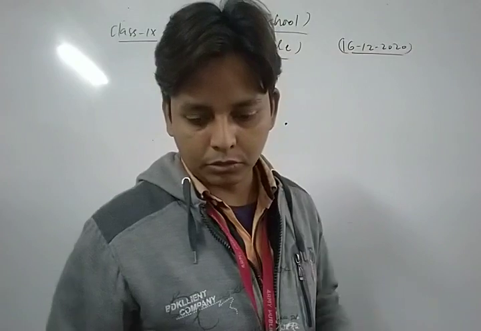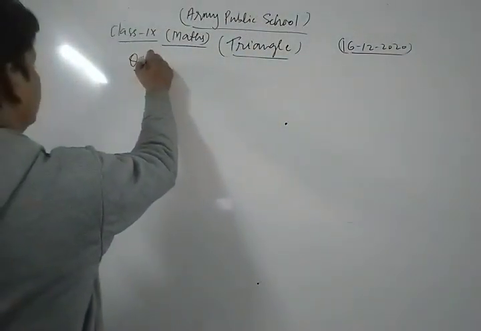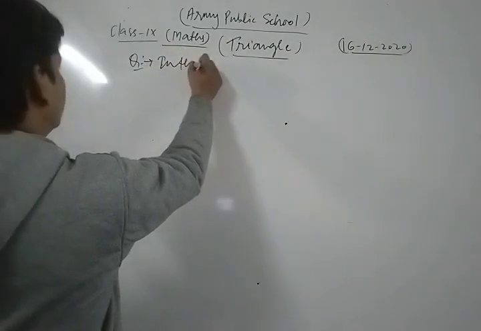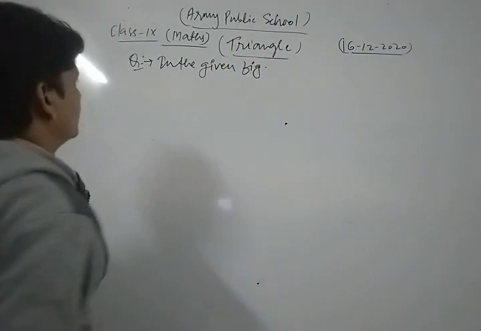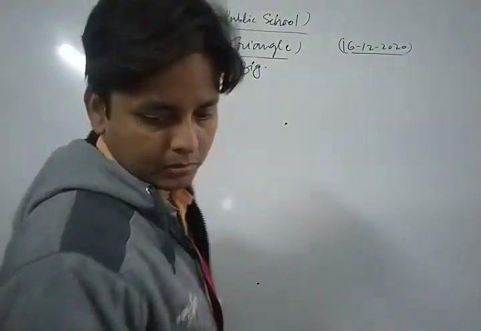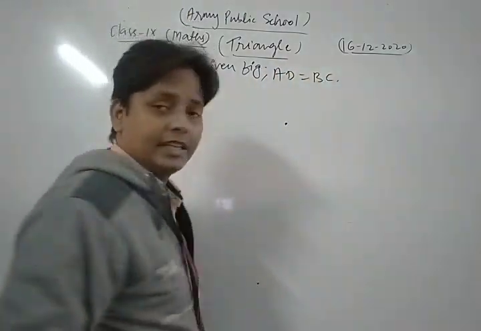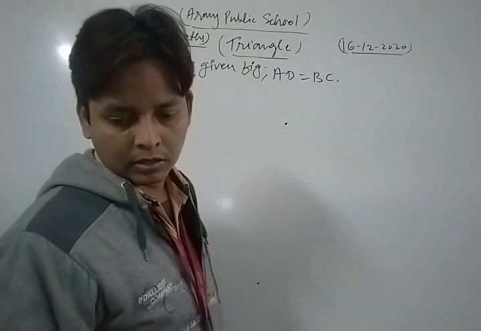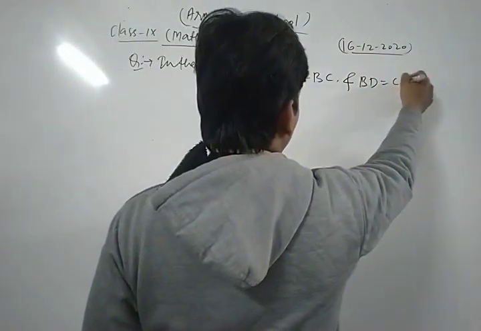Now, we take a question. In the given figure, AD is equal to BC and BD is equal to CA.